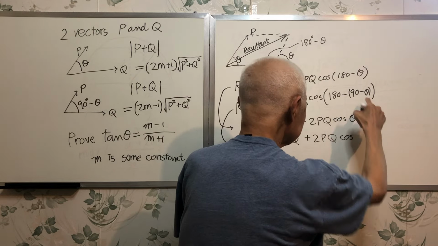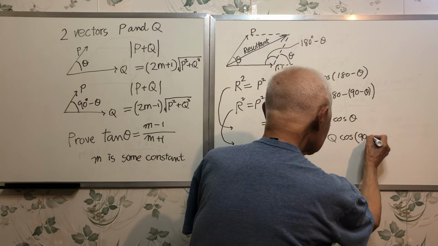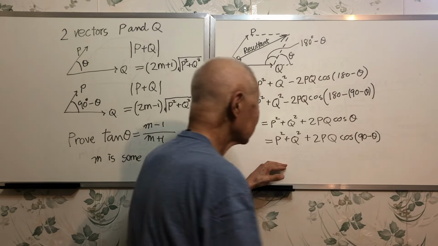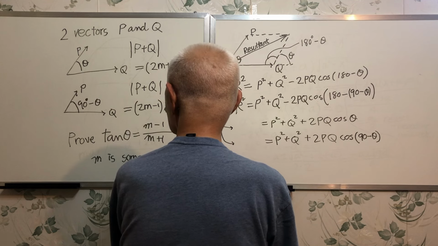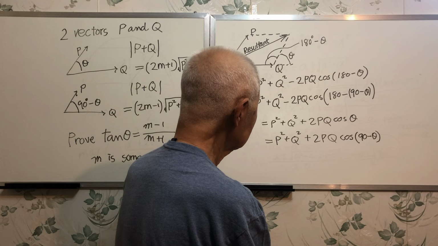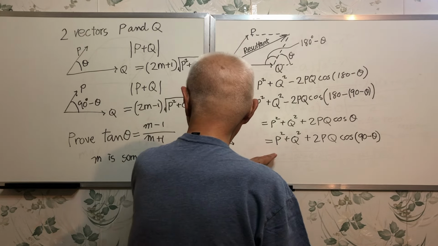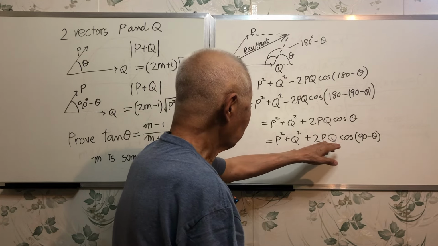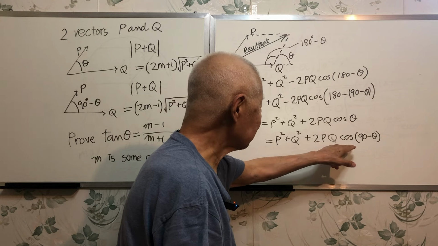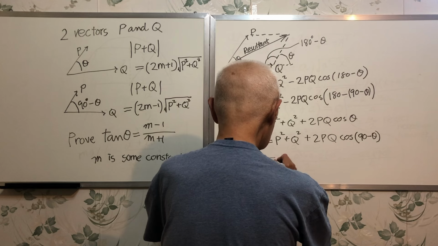It is cosine this. What is cosine 90 degrees minus theta? This becomes sine theta. So this is sine theta.